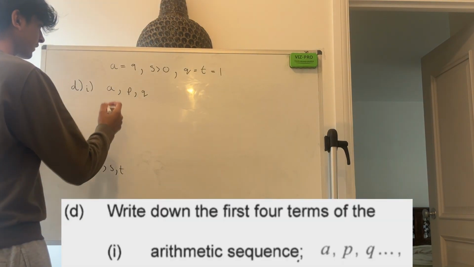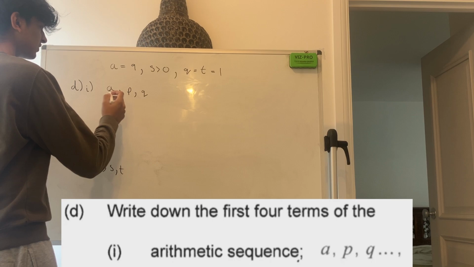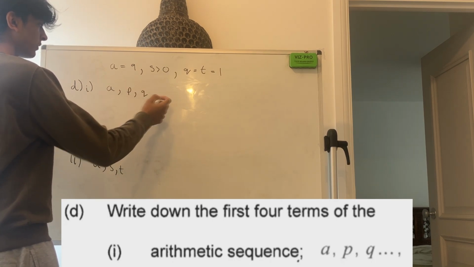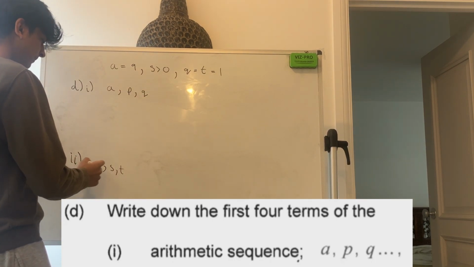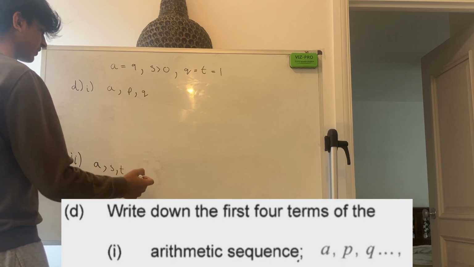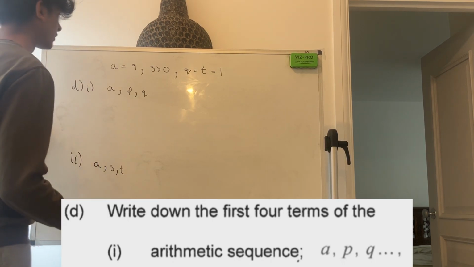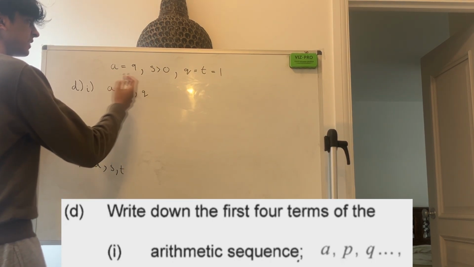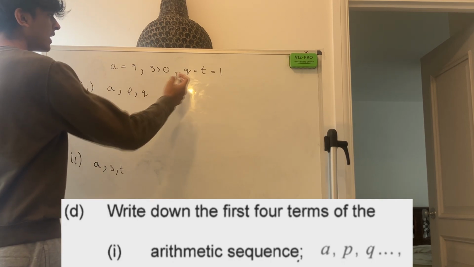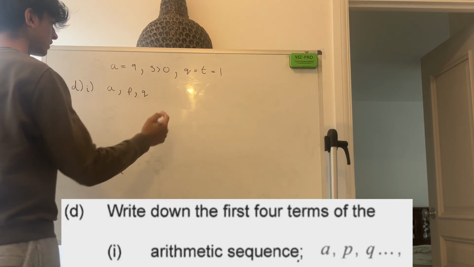In part D, we're asked to find the first 4 terms of the arithmetic sequence a, p, q and then the next term. In part 2, we're asked to find the first 4 terms of the geometric sequence a, s, t and then the next term. We're also given that now a is 9, we knew that s was greater than 0, and q equals t equals 1.